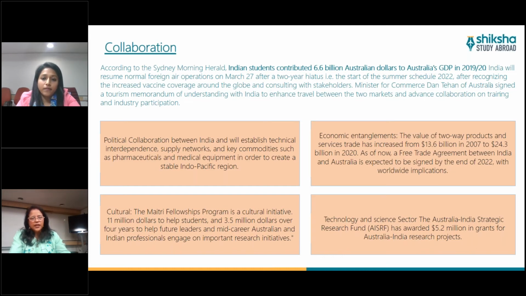If you look at the activities happening in all the sectors, it comes to the political collaboration between India and Australia. So there is technical interdependence. They're working on supply networks for key commodities like pharmaceuticals and medical equipment in order to create a stable Indo-Pacific region. This is one of the very positive initiatives taken by the government.